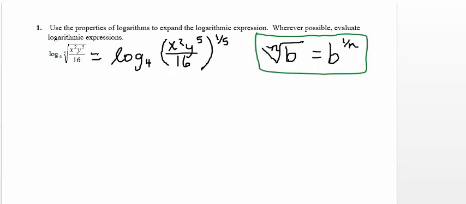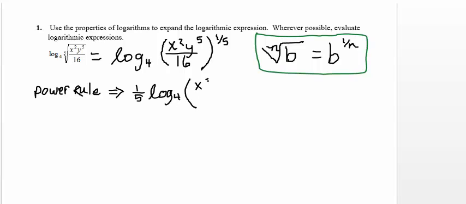So first, we're going to use the power rule. And that basically tells me that 1/5 is going to get multiplied by the base 4 log of x squared y to the 5th over 16.